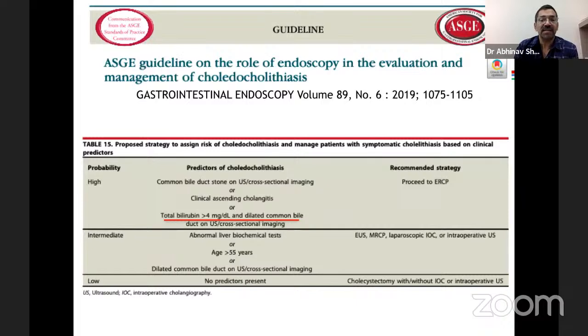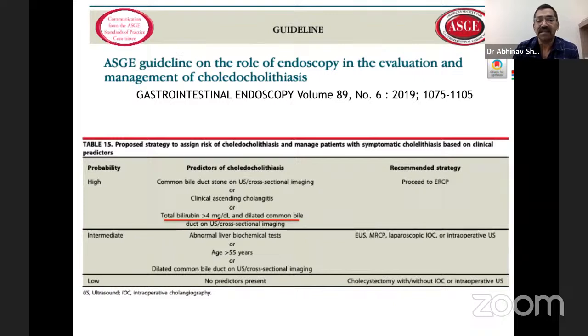So now, the guidelines for prediction of choledocholithiasis are, other than if you see direct CBD stone on ultrasound or cross-sectional imaging, or if there is ascending cholangitis, the area of confusion has been obviated: they have combined total bilirubin more than 4 and dilated CBD. They have to be together to make a suspicion of CBD stone.